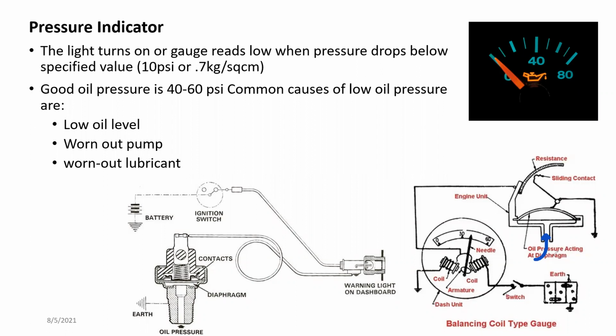Oil pressure acts on the diaphragm. So this diaphragm moves, which causes this sliding contact to move inside of this sender unit, which in turn changes the resistance. When the resistance changes, the voltage between these two is going to change.